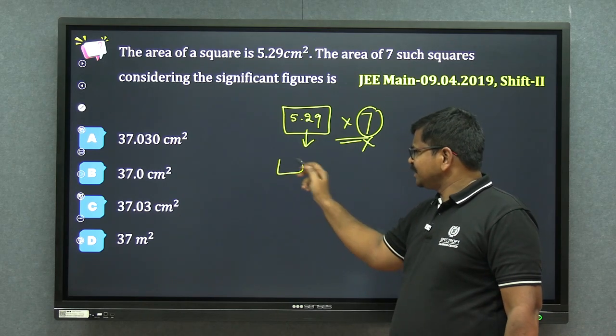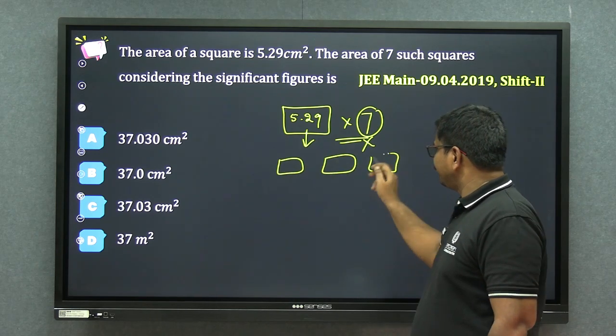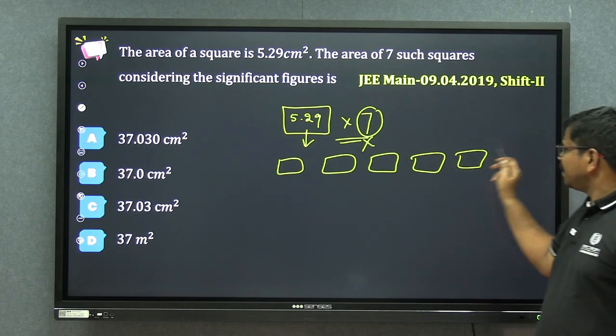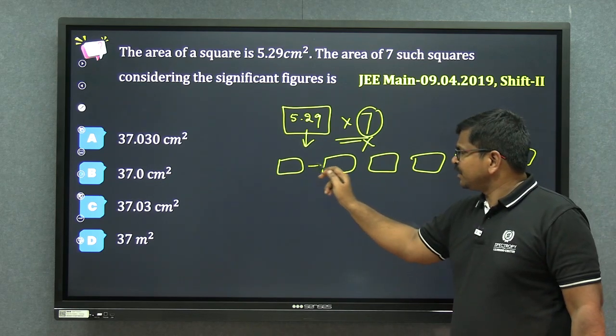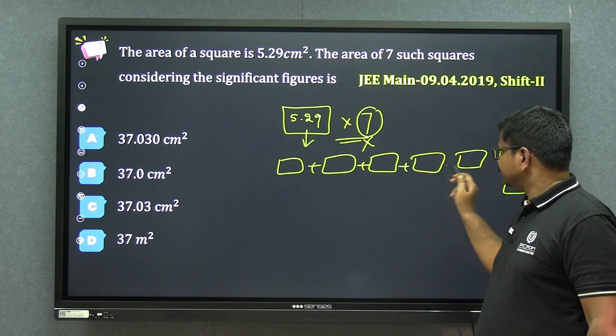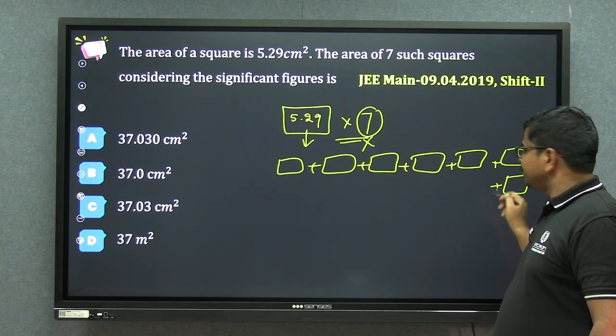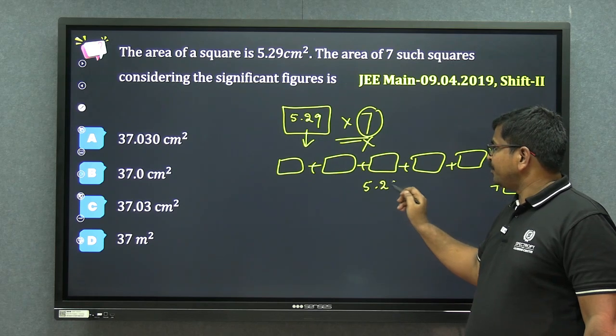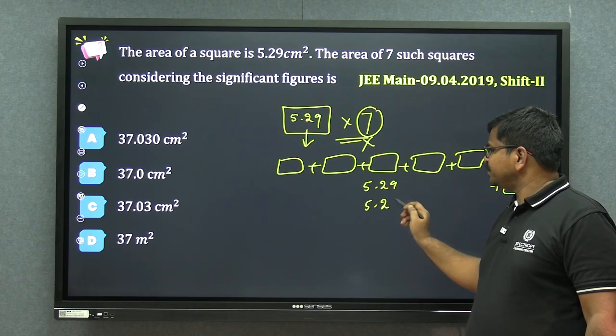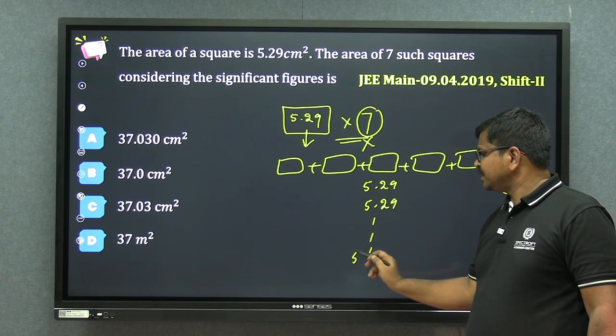Actually, there are 7 squares: 1, 2, 3, 4, 5, 6, 7. To get the total area, I need to add them. So which operation is it actually? Addition operation. 5.29, how many times should I add like this? 7 times.